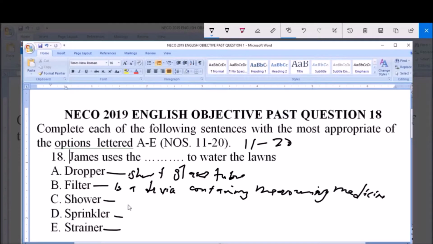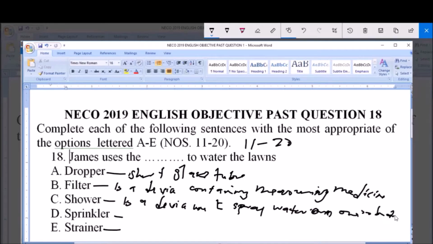Then we talk of shower, it is a device used to spread water on one's body.